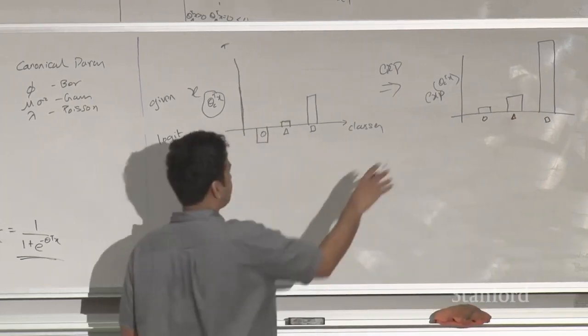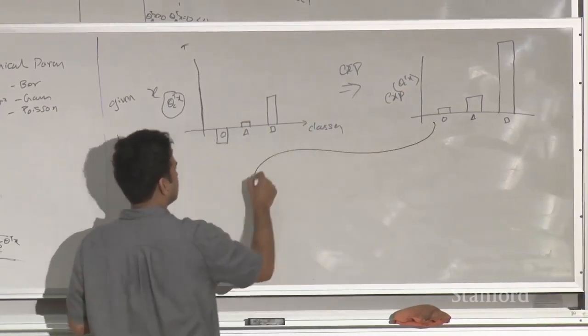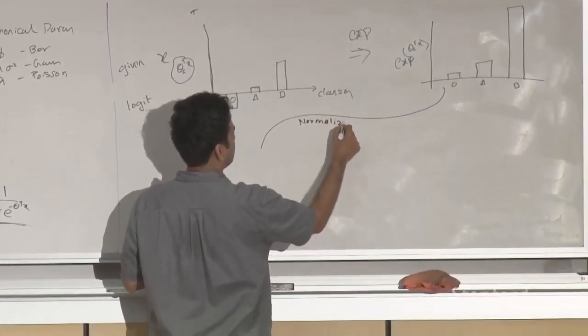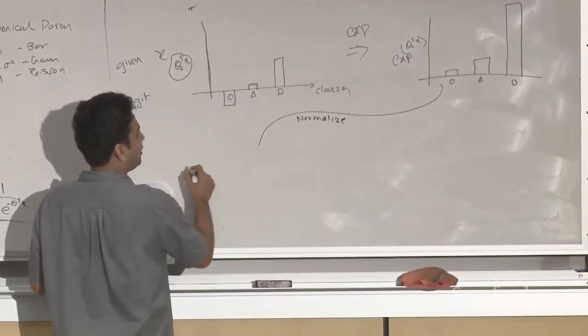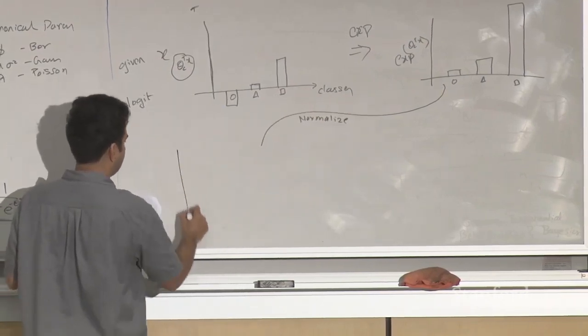Now we have a set of positive numbers, and next we normalize, by which I mean divide everything by the sum of all of them.